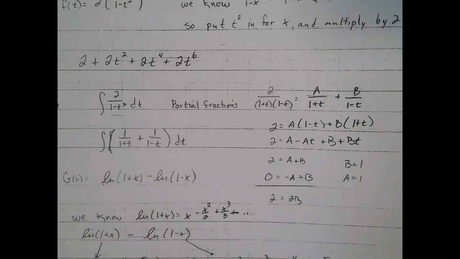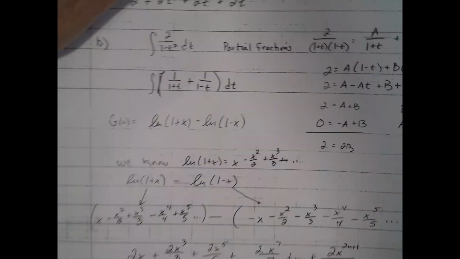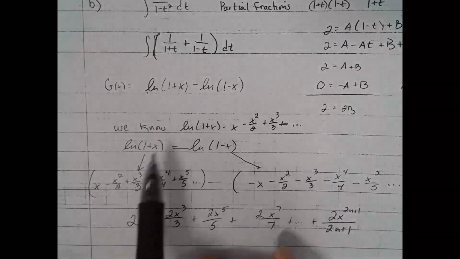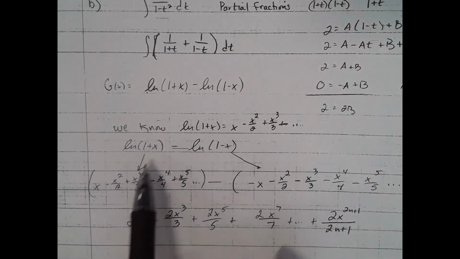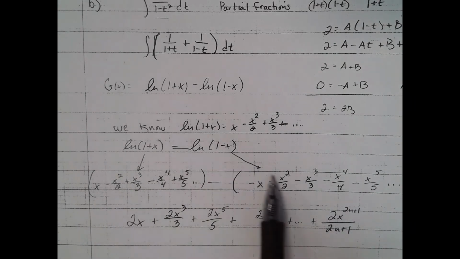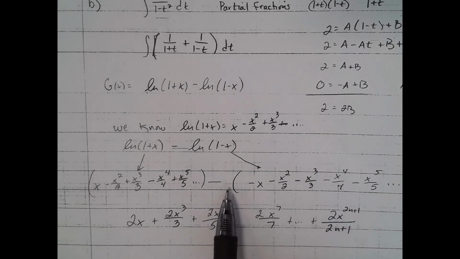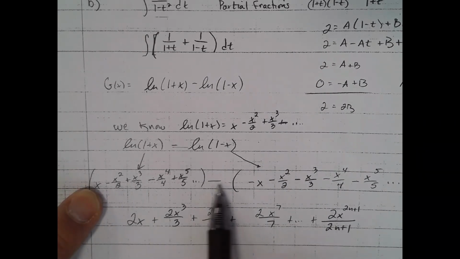Okay, and off of our Maclaurin series, we know that the natural log of 1 plus x is this, and the natural log of 1 minus x is this, and we're subtracting them. So you'd end up with x minus a negative x, which is 2x.